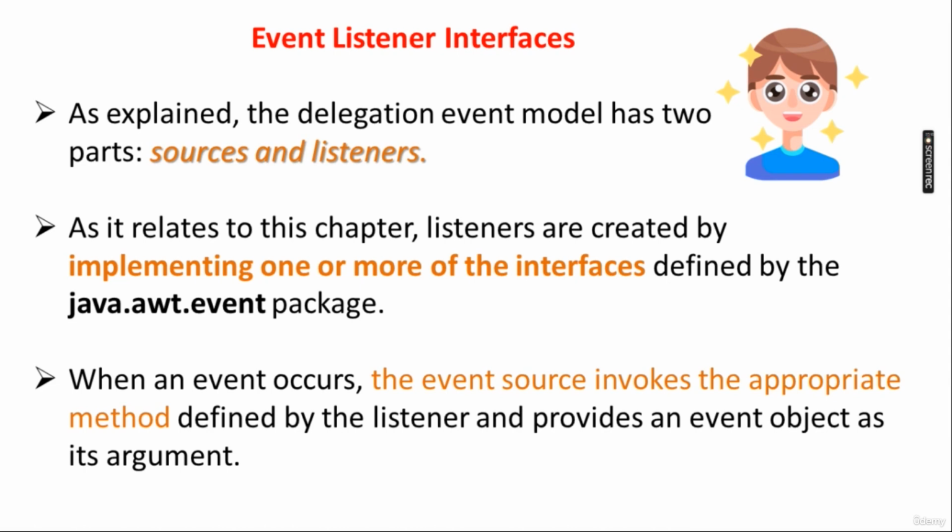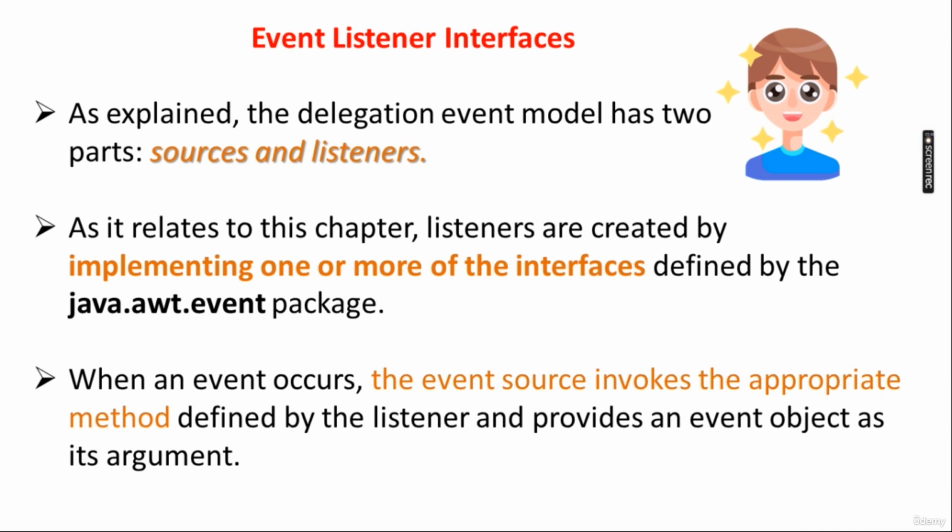As it relates to this chapter, listeners are created by implementing one or more interfaces defined by the java.awt.event package. So how do we create a listener? We have to implement one or more interfaces. So which are the event listener interfaces that will let us create a class that will act as a listener?